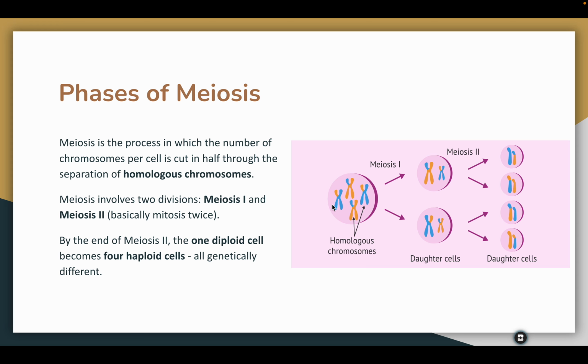At the beginning, we start with 4 chromosomes. At the end of meiosis 1, we have 2 chromosomes here and 2 chromosomes here. Remember, we're trying to separate the homologous pair. These two are homologs. The blue one went this way, the orange one went this way, so we separated them.